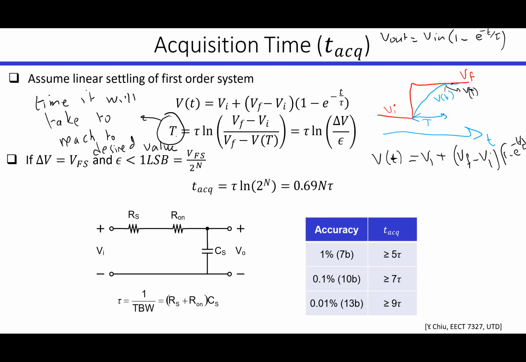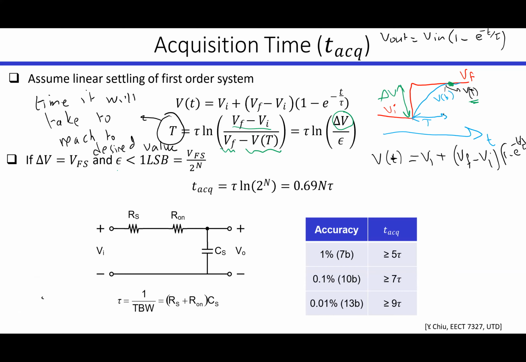So we can see that this time depends on the delta V. The delta V is the jump that we are going to have here, which is V final minus V initial. And the error is V final minus the V of t at that particular time, so V final minus the value that we have really reached.